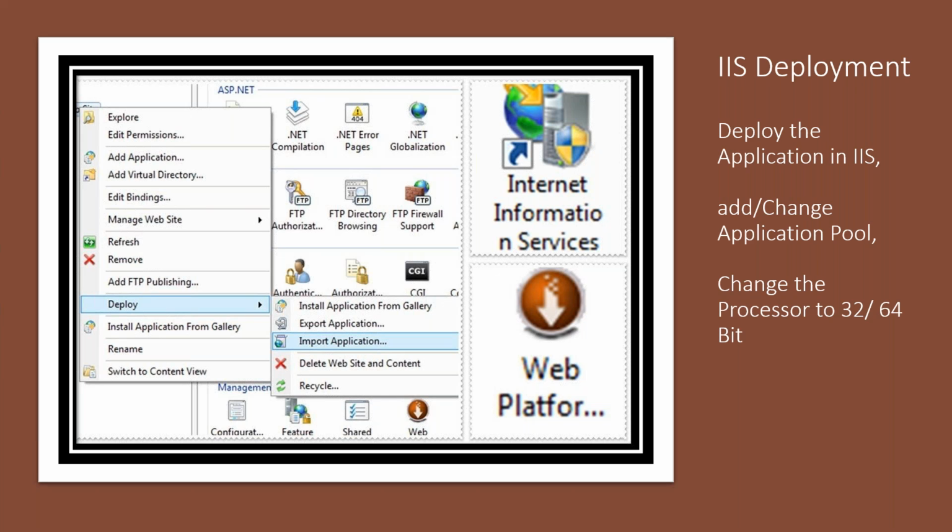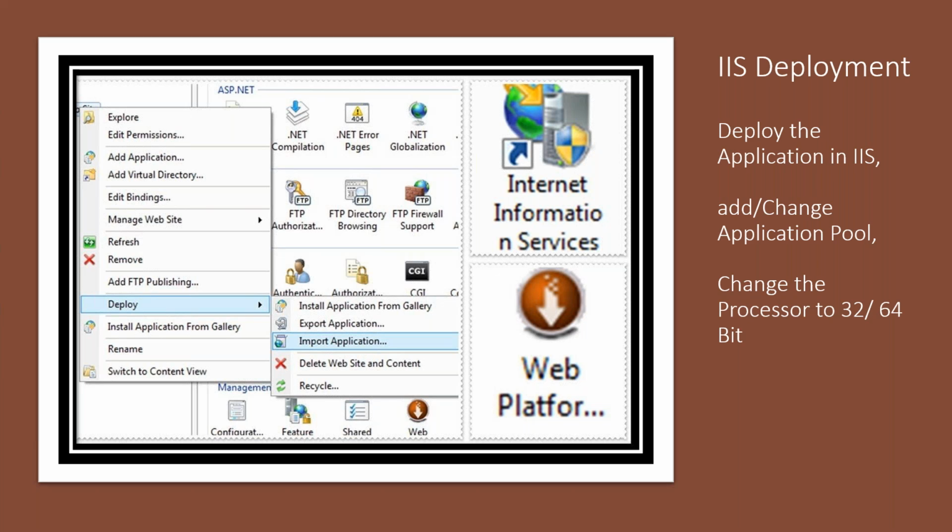Then after that, application deployment in IIS. We are going to cover application deployment in IIS, creating the applications, creating the application pool, and changing the processor type to 64-bit or 32-bit based on our requirement.